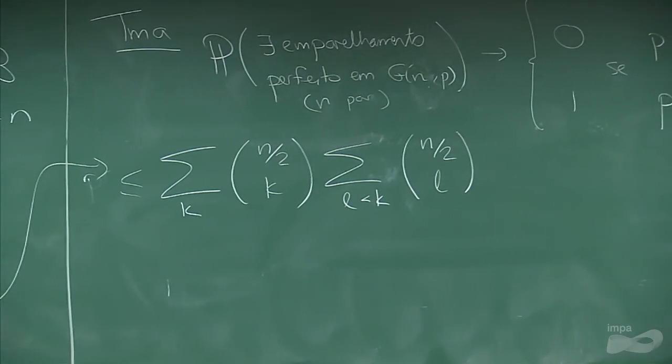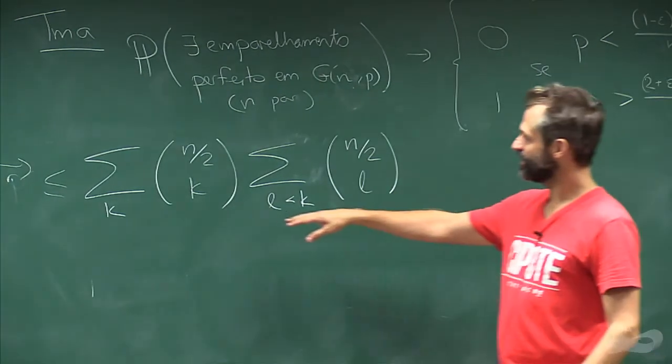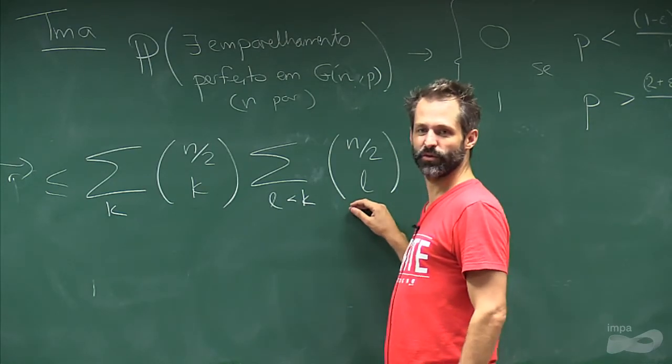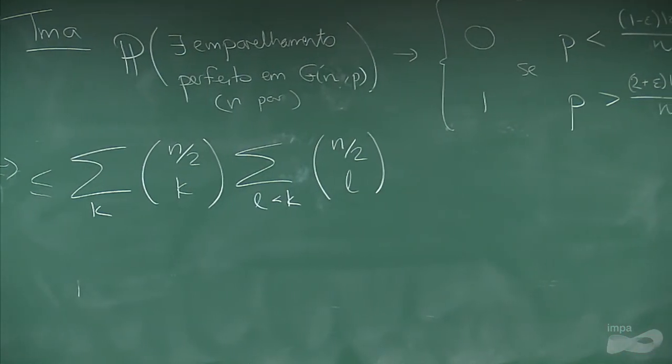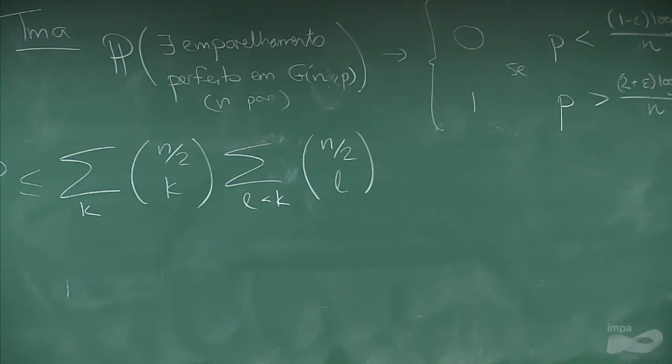The probability that this W. So we've summed over sets S and sets W, that W is the neighborhood of S.